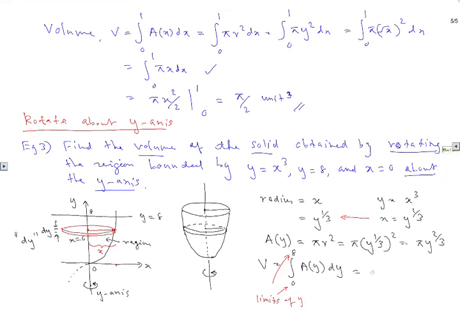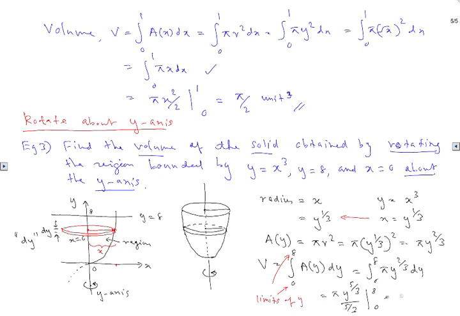Let's finish the rest of the integral. This is the integral from 0 to 8 of pi y to the 2/3 dy. Very easy to integrate. You add 1, so it becomes y to the 5/3 divided by 5/3, from 8 to 0.